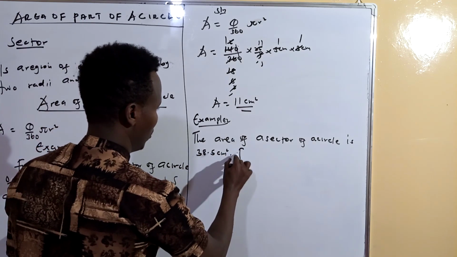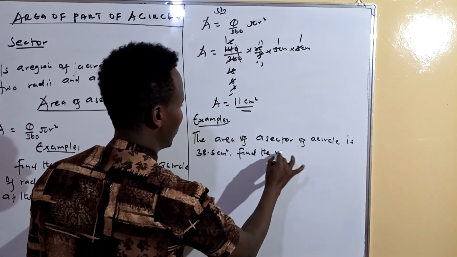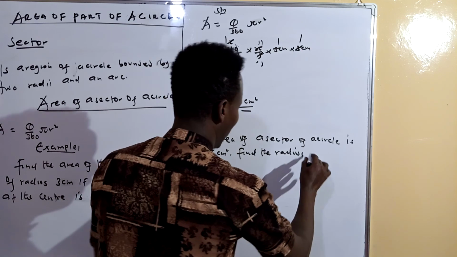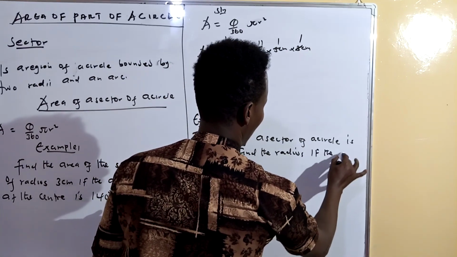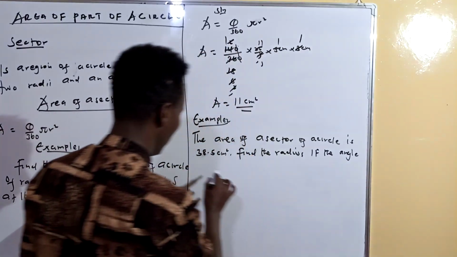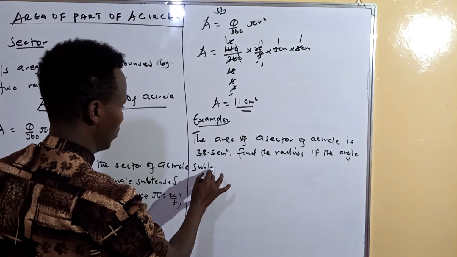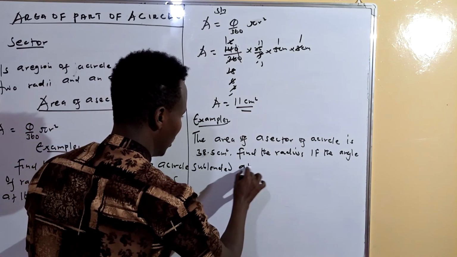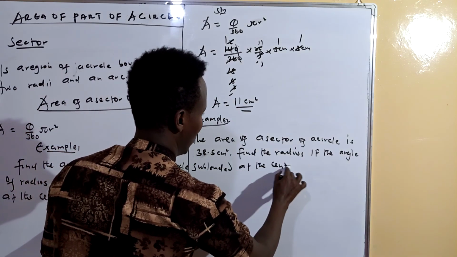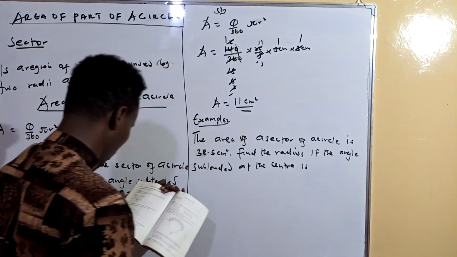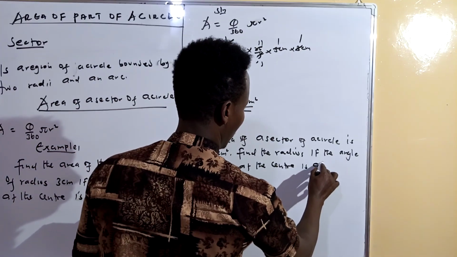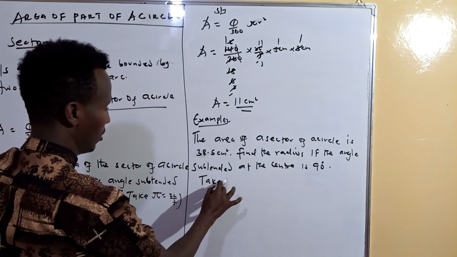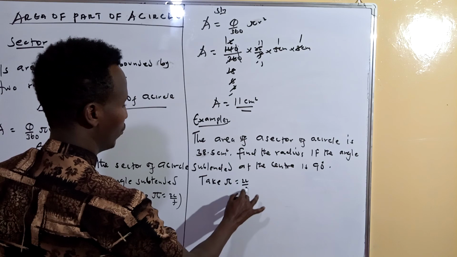You're told to find the radius, if the angle subtended at the center is 90 degree. Take pi to be 22 over 7.